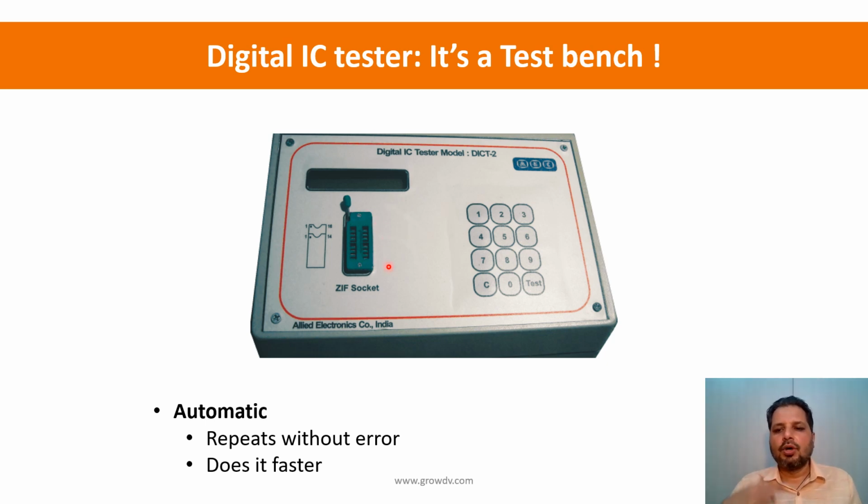It will go through a series of tests, and at the end it will display whether this IC has passed or failed, right? So what we need for complex ASICs is something similar to this, that can take in a complex ASIC design and provide all possible stimuli, check whether the outputs match the expected ones, and at the end of the test tell us whether the test has passed or failed, right?